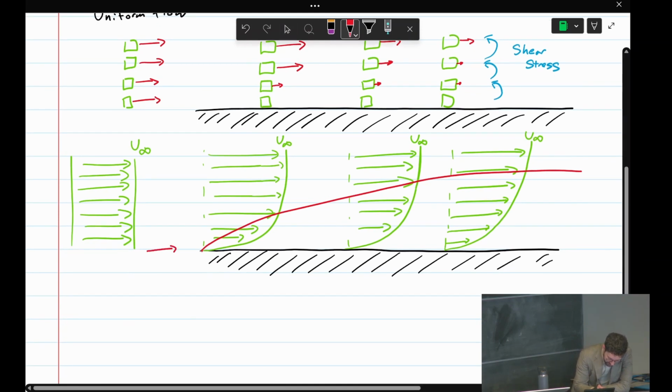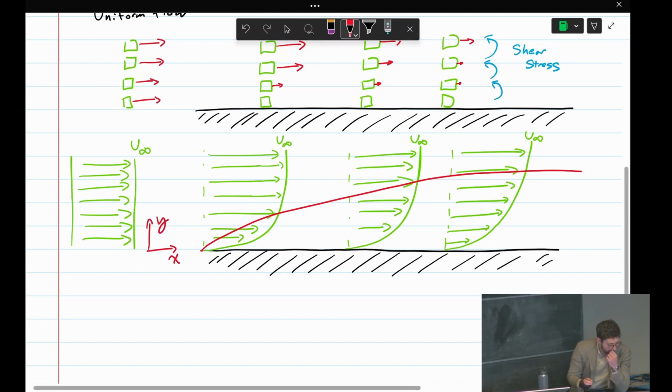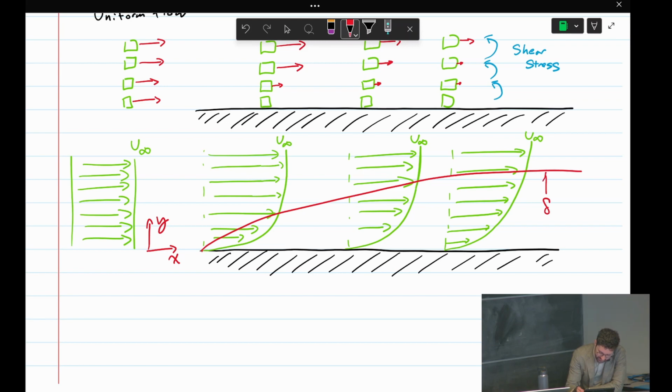So the coordinate system here will be x and y. That red line is kind of our boundary layer thickness, so to speak. The thickness of that, we notate by delta x. So delta x is the thickness of the boundary layer.